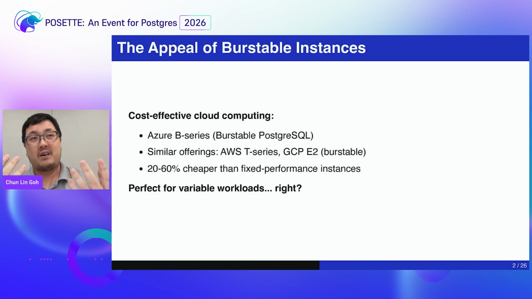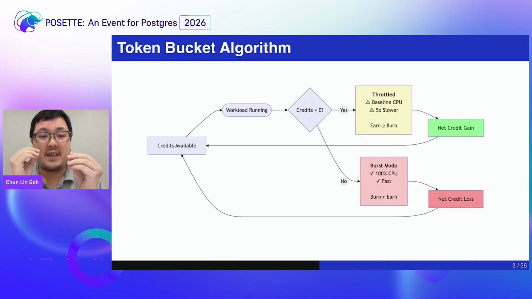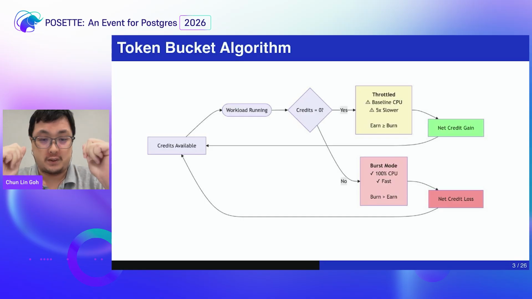If you are working with API limits, you will know this thing called the token bucket algorithm. Let me show you what it looks like in a graph. You start with some credits available in your instance. Then you run your workload. When it hits 0, your CPU will be throttled.